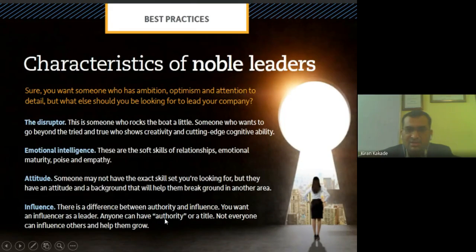Someone is good in authority, someone is good in influencing other people, someone is good in attitude, someone is strict in nature, and someone has a very low EI factor in their nature, so they are not that emotionally strong. So there are lots of different traits of leadership available.